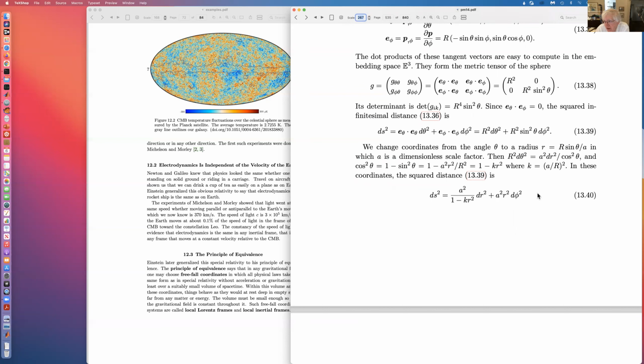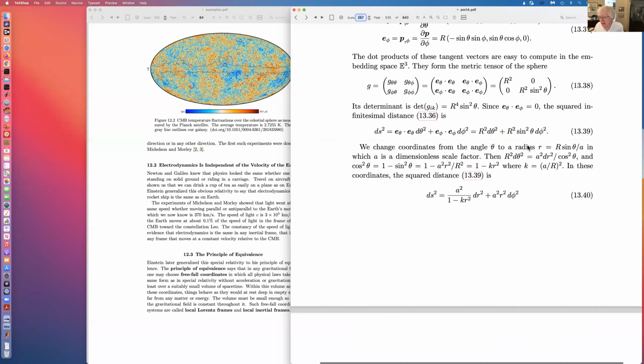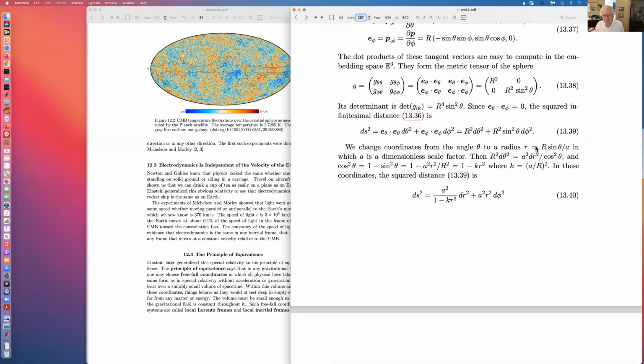And it's that if we change coordinates from the angle theta to a radius, this is really a weird thing to do, okay? This is just weird.